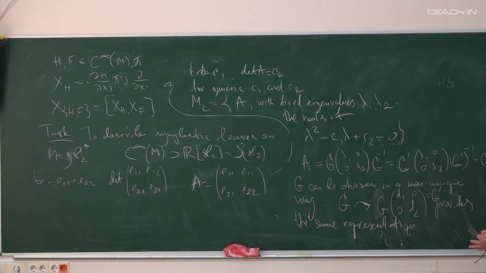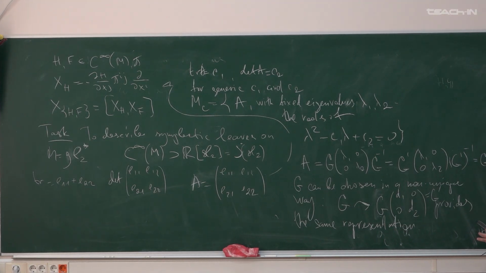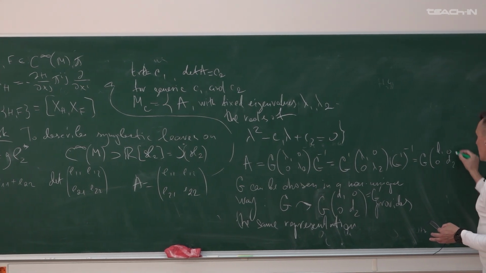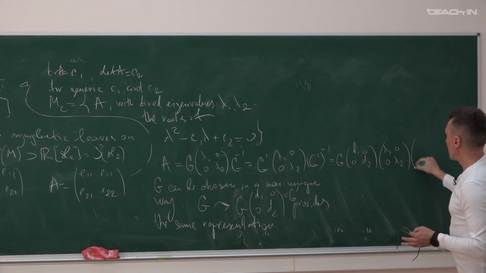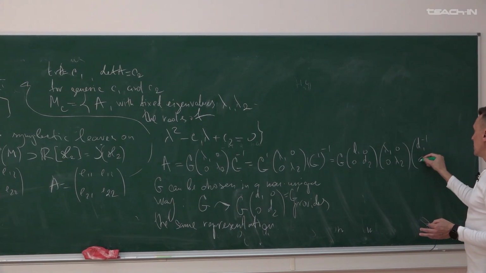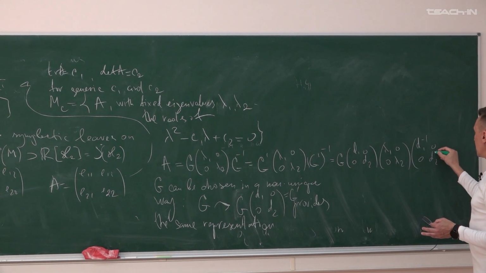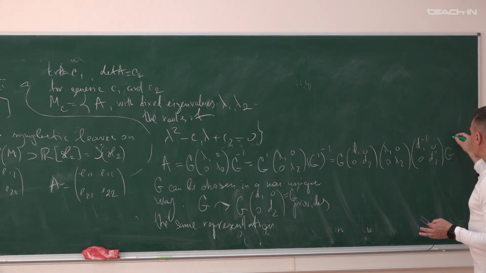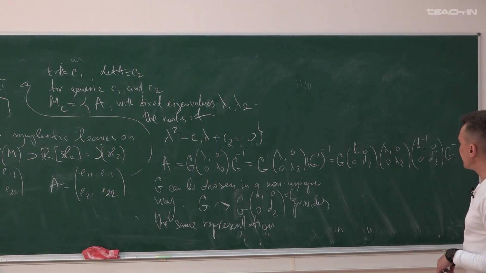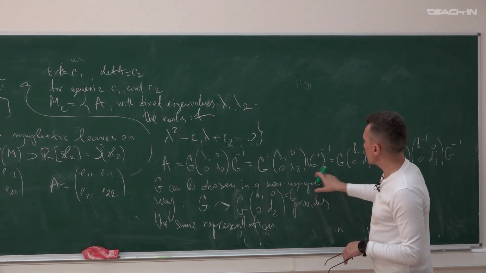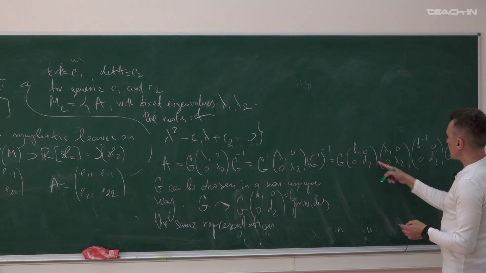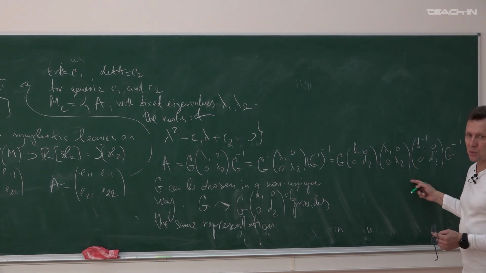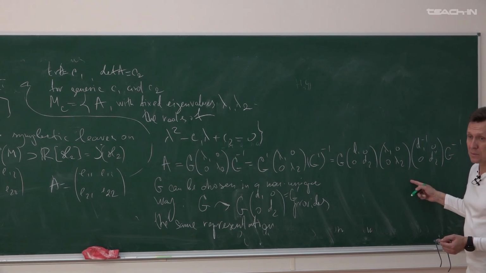It is equal to G d1 d2 lambda 1 lambda 2 d1 minus 1 d2 minus 1 G minus 1. I have written what is here given by G prime. But you see the diagonal matrices commute between them.